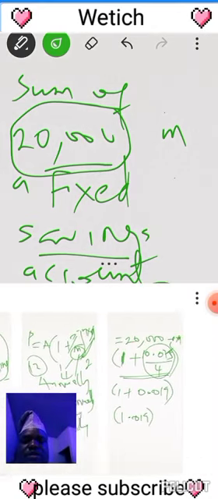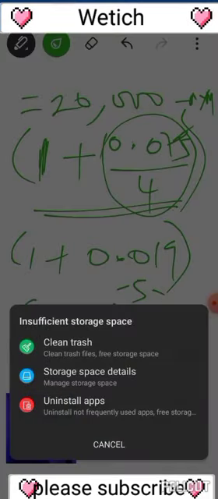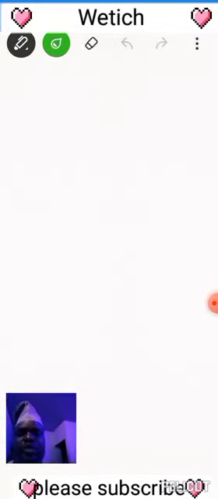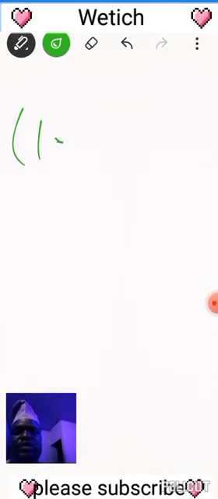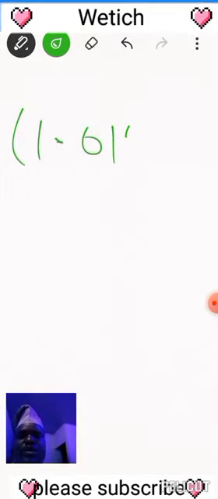So let's go to the solution. We have minus 5 times 4, since it's compounded quarterly, which would be 1.019 to the power of minus 20.